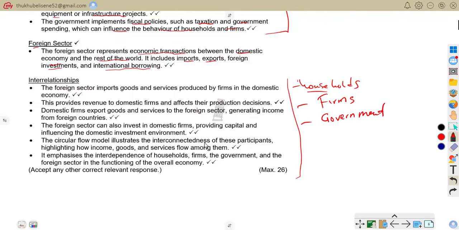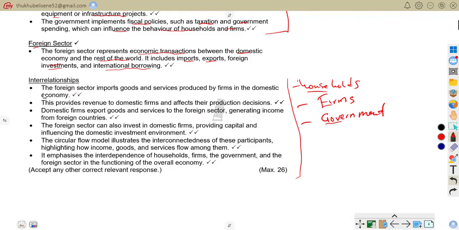To households, the foreign sector trades goods and services, via the firms. But to firms, they trade goods and services, and they can also invest as well as borrow from them. But to government, that's when we're talking about trade agreements, aid and loans. That is how they interrelate.